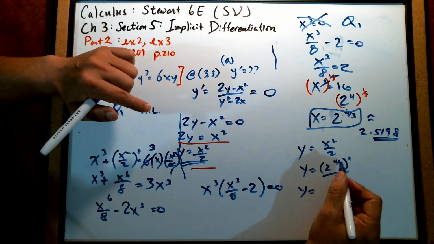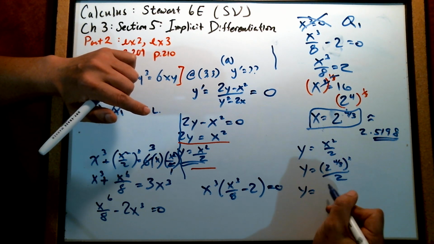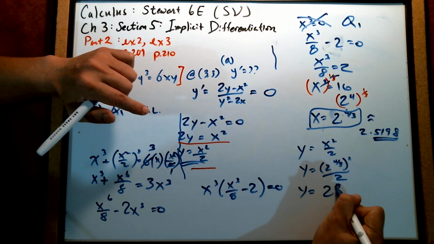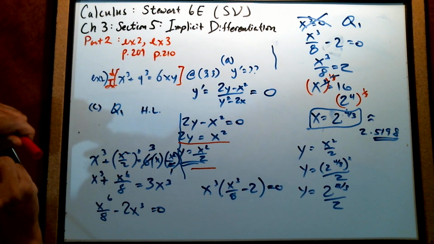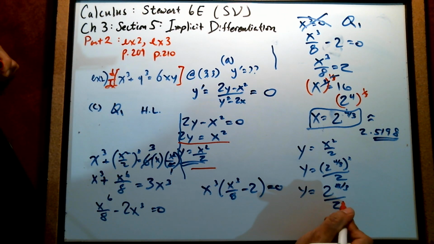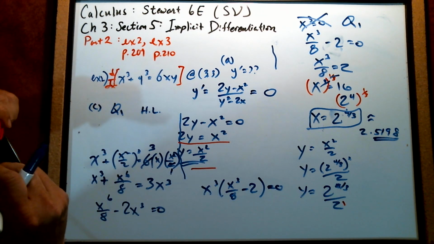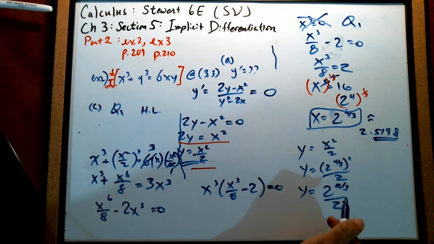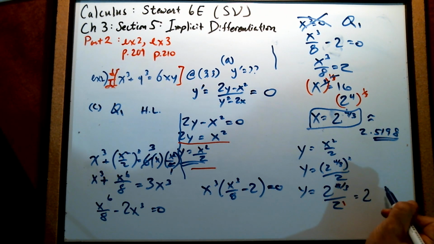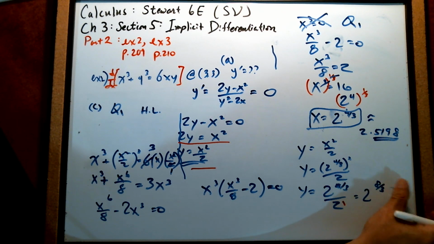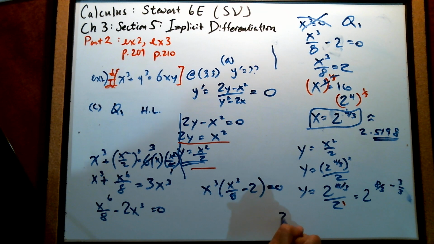We use power to power, which is 8/3 over 2. I'm going to put a little 1 here. That way you know that since we have a base of 2, we can just subtract the exponents. That becomes 2 to the 8/3 minus 1. Minus 1 is just 3/3. It's going to be 2 to the 5/3. That's my y value.